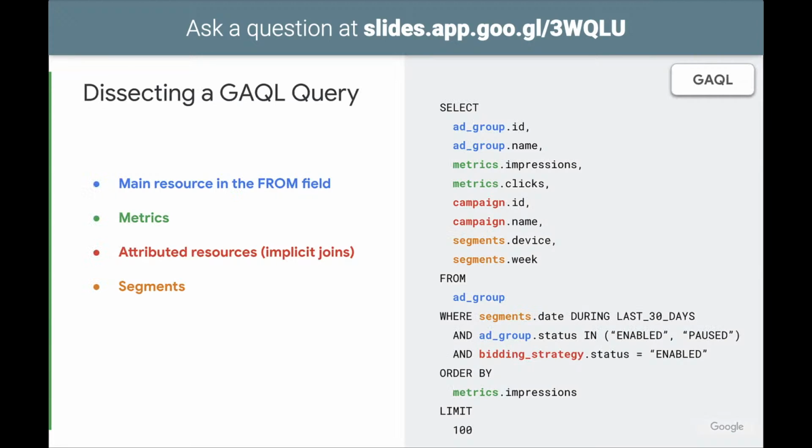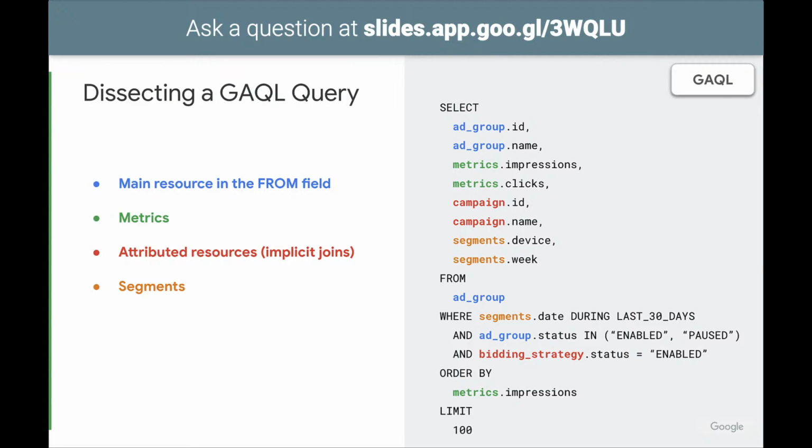So I think the easiest way to really understand Gackel and how it works is to dissect an interesting query. Before we do, I just want to point out the color coding on the slide, just so it's not confusing. I don't want you thinking about the color coding. I want you thinking about how this query language actually works.